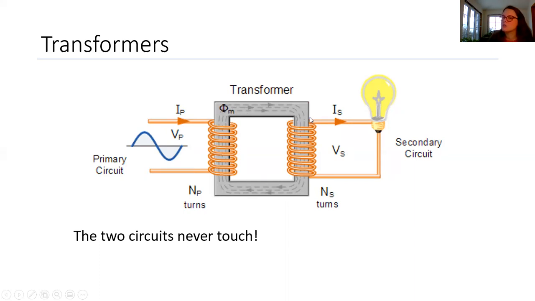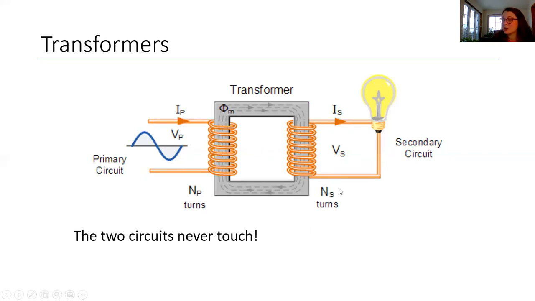That means there's more magnetic field on the right side, the secondary side, so we can generate more voltage over here. We can have a more complete transfer of the power. And the number of coils on the primary side and on the secondary side will determine whether the voltage is increased or decreased.